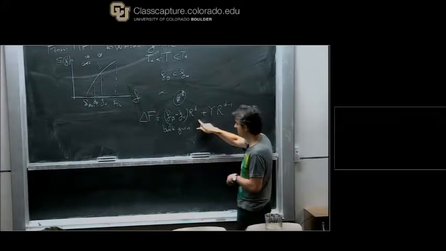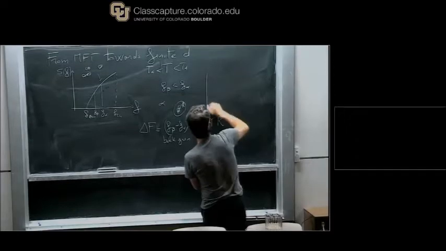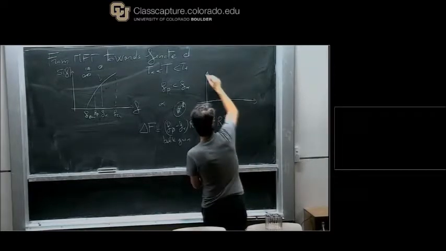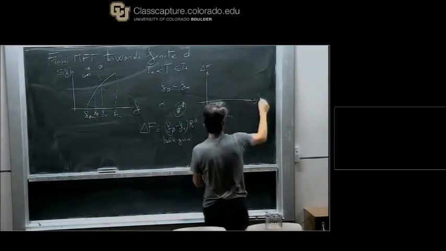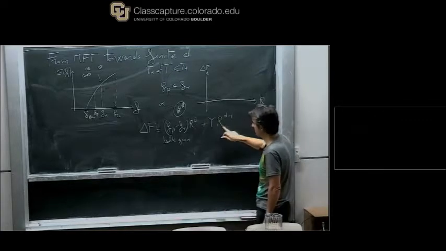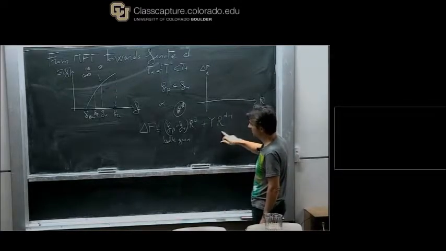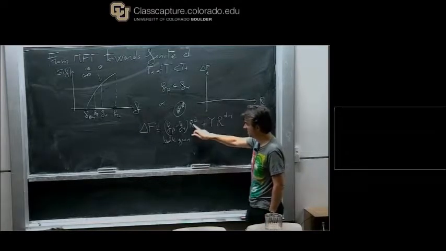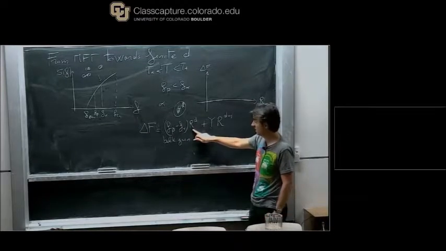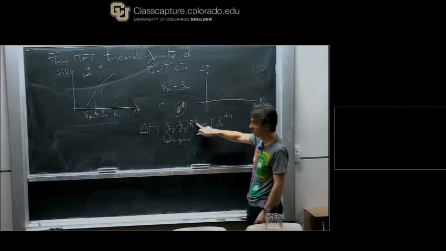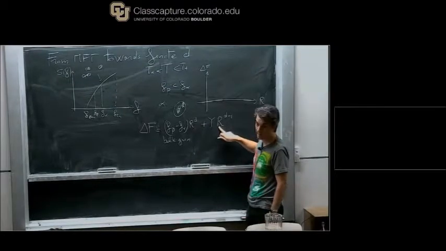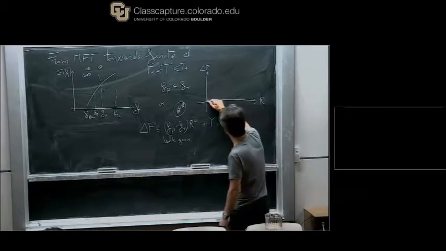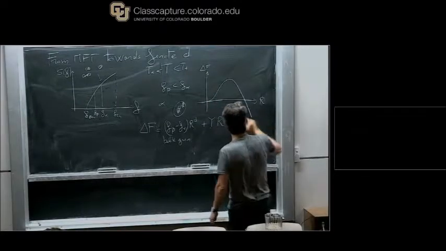And now if I plot this delta F as a function of r, which Gilles did yesterday already, what I see is that when r is small, this is the term that wins, and it is a positive term. When r is large, this is a negative term, and it is going to win. For example, in 3 dimensions this goes like r cubed and this goes like r squared. So if I plot this, I get something like this.